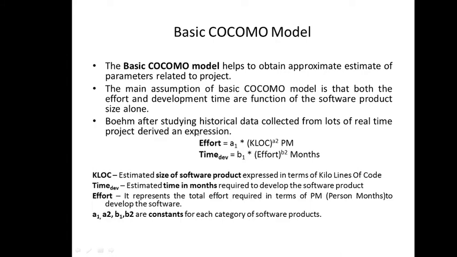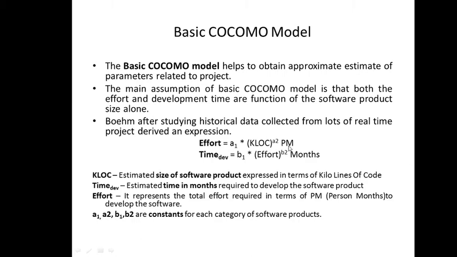Now, according to Boehm, he has given 2 mathematical expressions. We have single variable and multivariable expressions. This is a single variable expression: effort is totally dependent upon size, that is KLOC, kilo lines of code, while A1 and A2 are constants. But if I would write this as A1 KLOC^A2 plus A3 KLOC^A4, and likewise take multiple variables, then it would become multivariable.